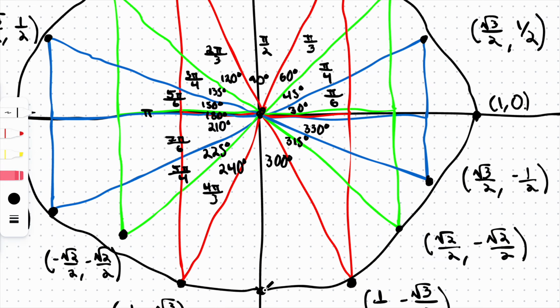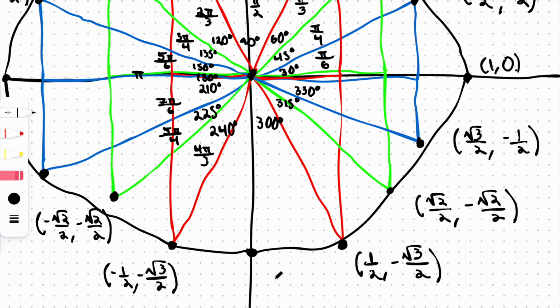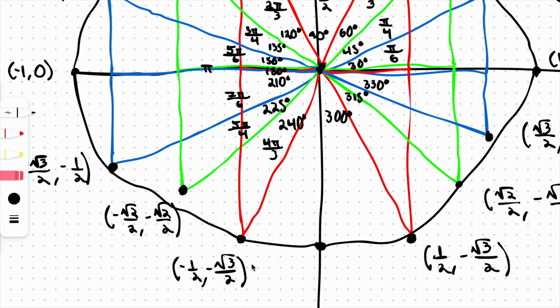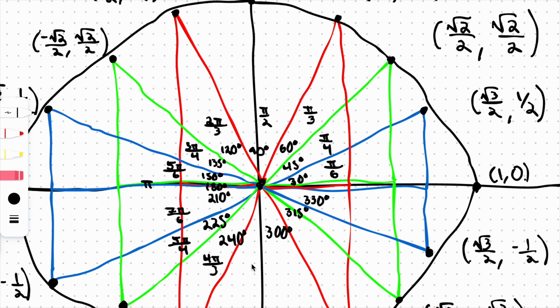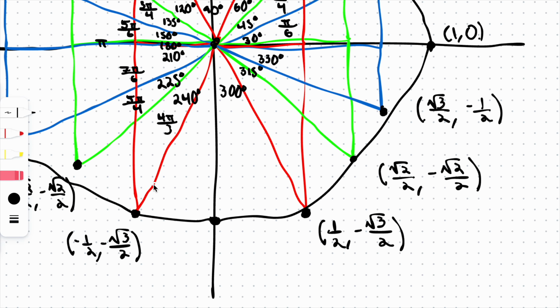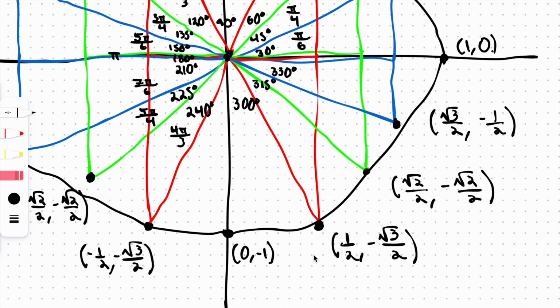I'm going to put another point down here. What's the coordinate of this point going to be? Well, this radius is equal to 1. So let me see. Yeah, I just want to make sure I did everything right. This coordinate is going to be equal to 0 and -1, right? And this is 270 degrees.